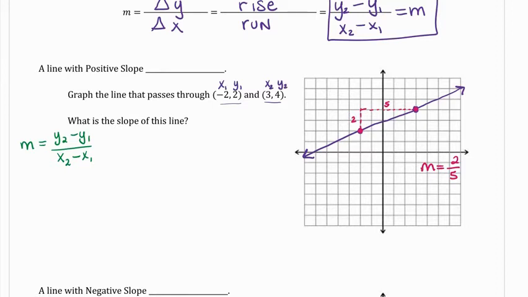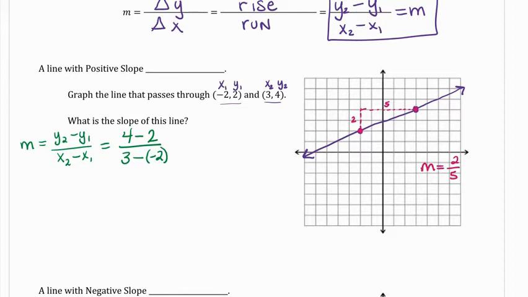So once I have those labeled, I'm going to plug them all into my formula. So y2, taking it from what I labeled, would be 4 minus my y1 is positive 2. Okay, then our x's, x2 is 3. My formula says minus, and then my x1 is negative 2. So I also have to put a negative 2 there. You can't just put 3 minus 2.